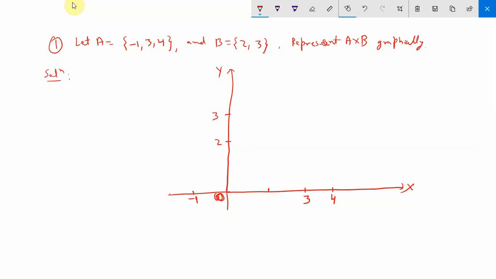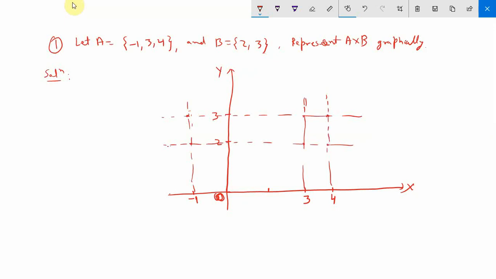After that, as discussed, we have to draw dotted lines on all the elements. So we will draw like this, and also we will draw at 2 and 3 for set B elements. Okay, so we will get these 6 ordered pairs, as set A has 3 elements and set B has 2 elements.